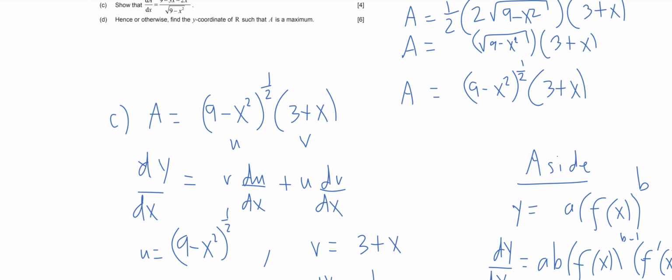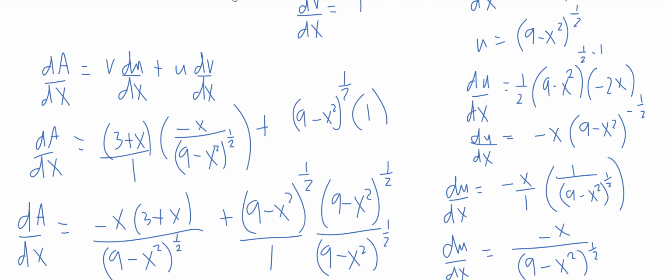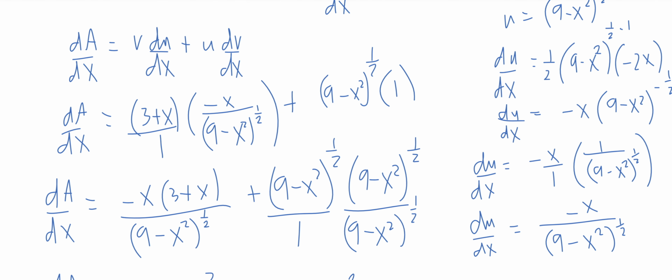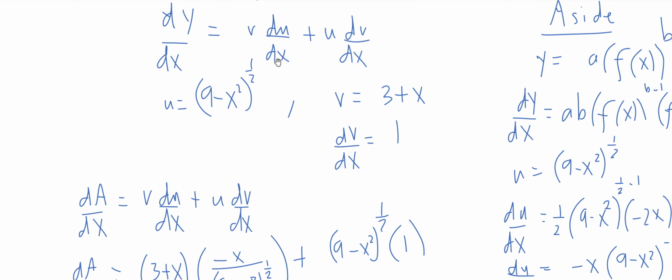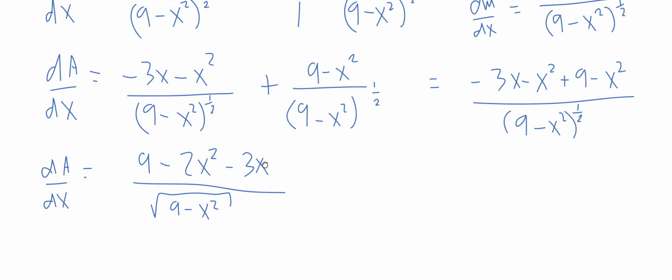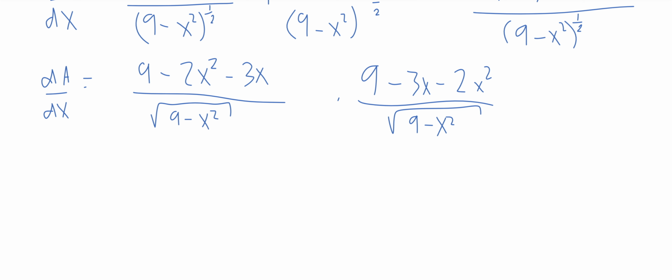So just checking that again with the answer: 9 minus 3x minus 2x squared over root 9 minus x squared. Slightly different, but I'll just rewrite it: 9 minus 3x minus 2x squared over root 9 minus x squared.